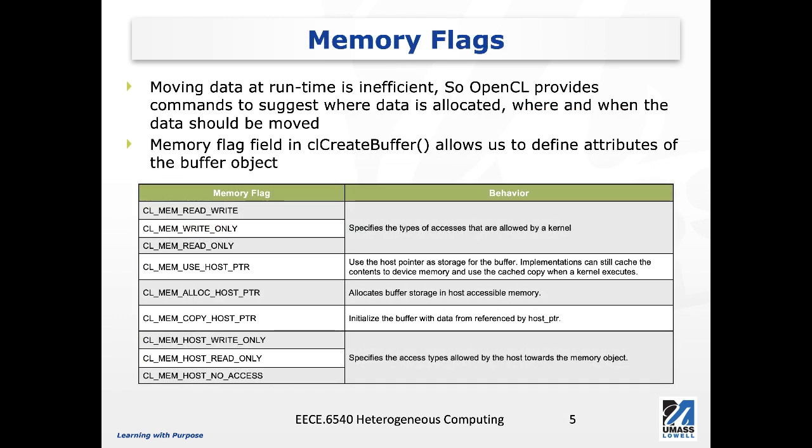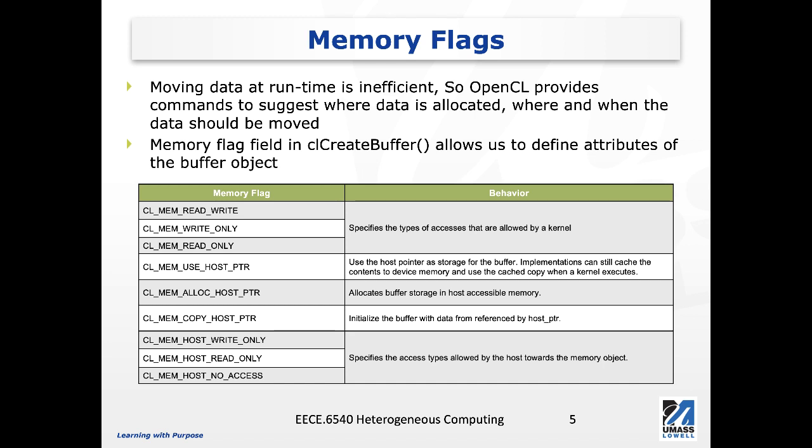We can use different memory flags when we create buffers and when we operate on them. Moving data at runtime is inefficient. So OpenCL attempts to provide options as part of the commands to suggest where the data is allocated and when and where the data should be moved.